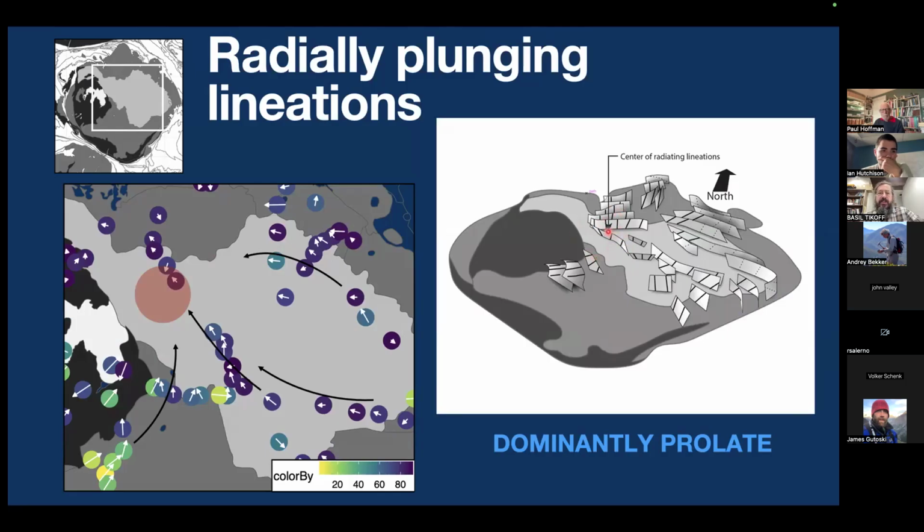And so there's sort of a center shown on the map view for where you're getting these lineations. So I'm just going to interpret that right now, that's the area that magma is coming up and then flowing out into these zones. And so that's sort of the root of the Mount Edgar, at least for the Cleland suite, for this youngest suite.